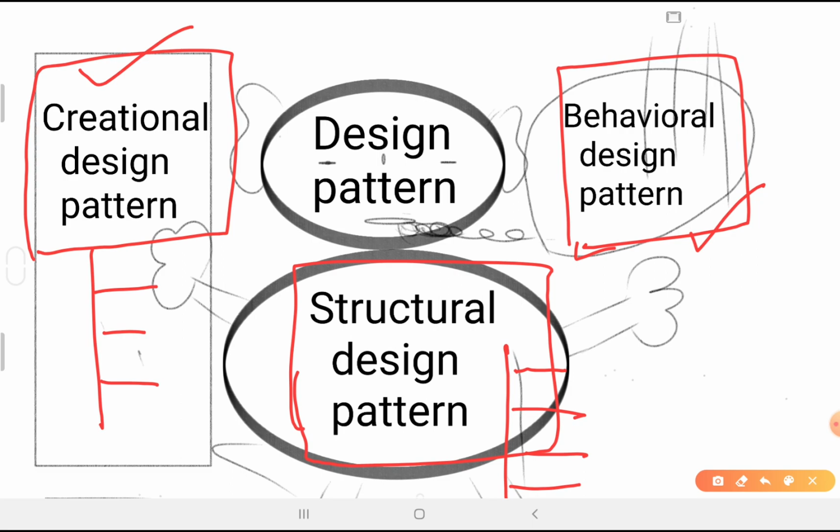Loosely coupled means being independent of the other objects. So all the objects in the application remain independent in how they interact with other objects. There are also different types under behavioral design patterns that are used to create the application.